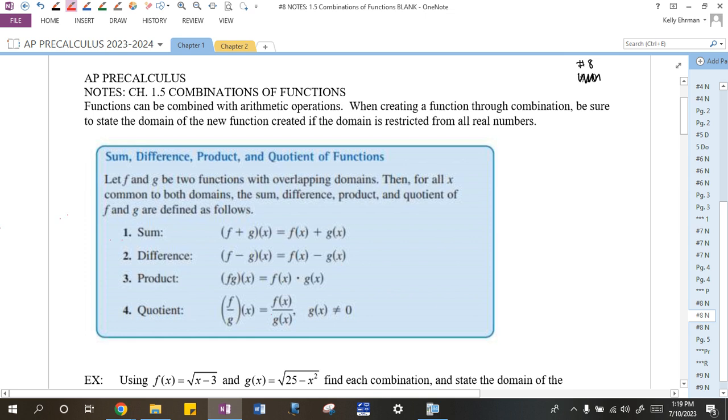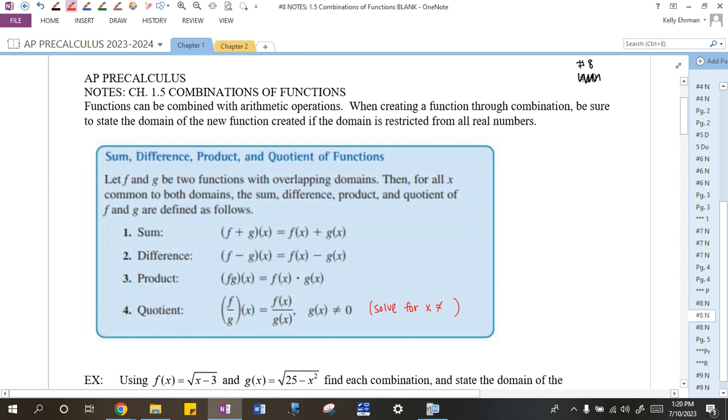A lot of times it's division where we get our first domain restrictions, because you have to make sure that g of x doesn't equal 0. You can either state that g of x can't equal 0, or a lot of times I will solve whatever g of x is, solve for x, and say x can't equal whatever.